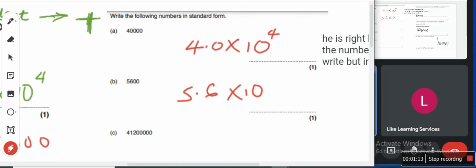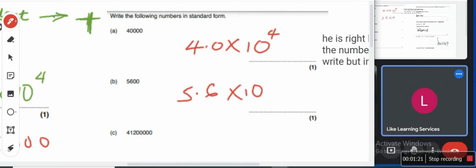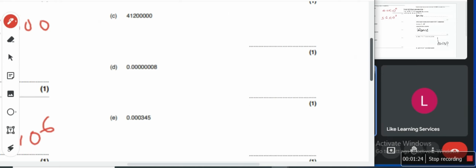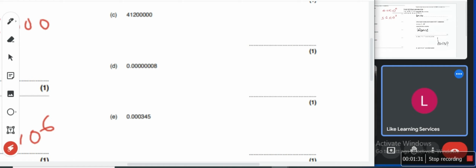I mean, 10 to the power of 3. Of 3. Can you do this to D and E? You need to hurry up.